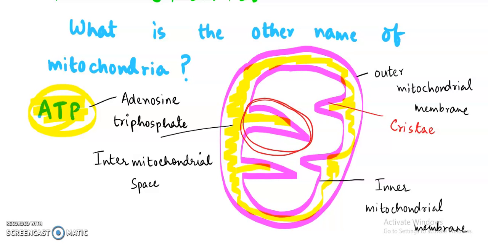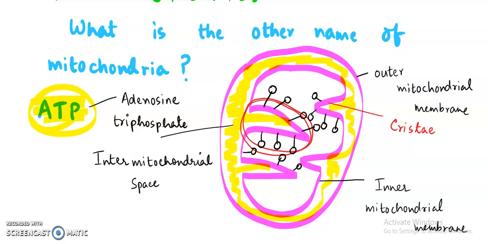As mitochondria has to produce energy, now this energy will be produced by the particles which are located on the cristae. So the more the cristae in a mitochondria, the greater would be the ATP production. And this is the reason why finger-shaped projections or cristae are being present.